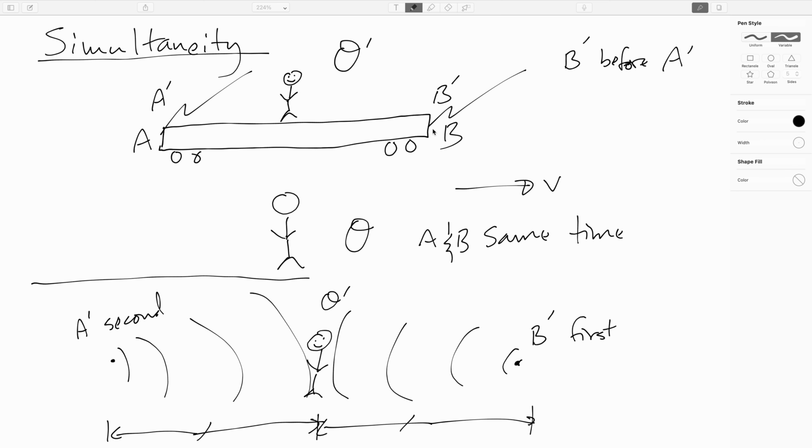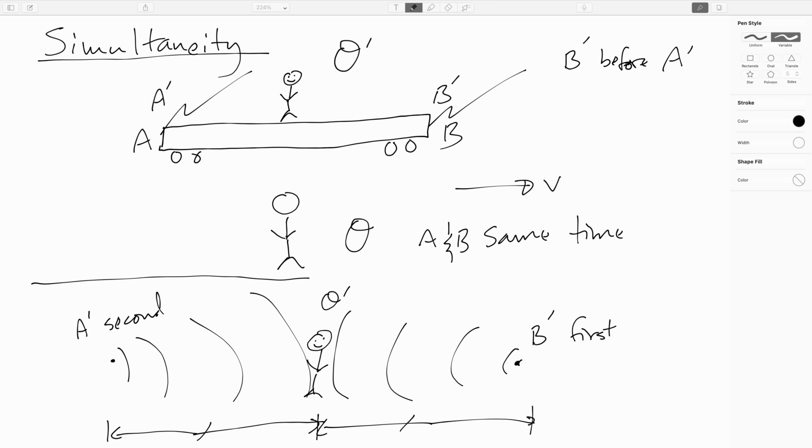I can't use those two events because for me, they didn't happen at the same time. So if I was to subtract the distance between the events, I wouldn't get the length of the train car. So this means that we're going to have some disagreement about the lengths of things. And we're also going to have some disagreement about how much time elapsed between things.